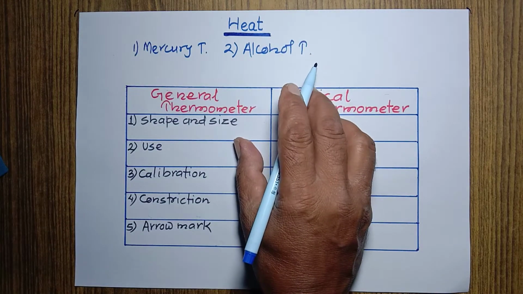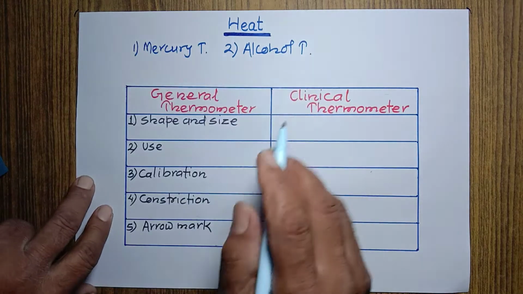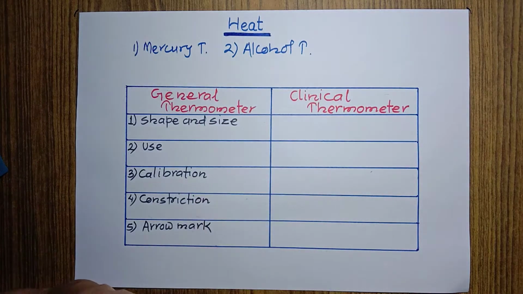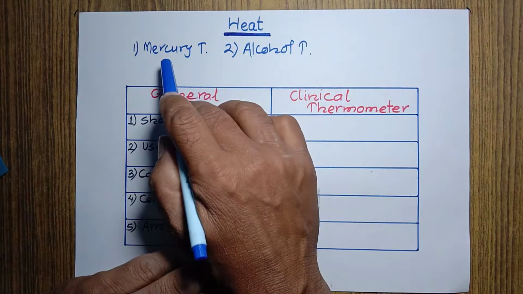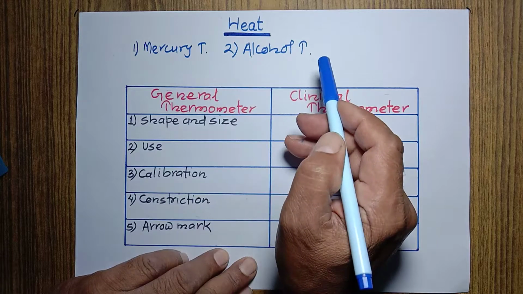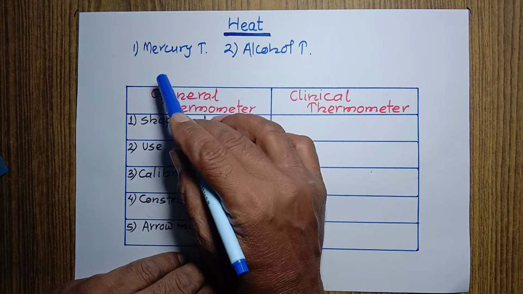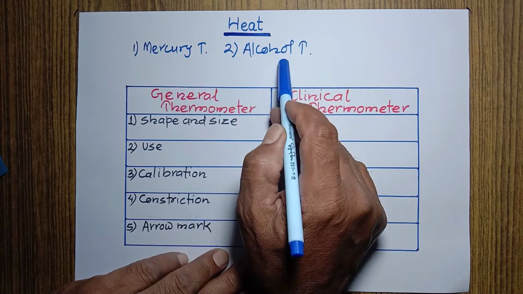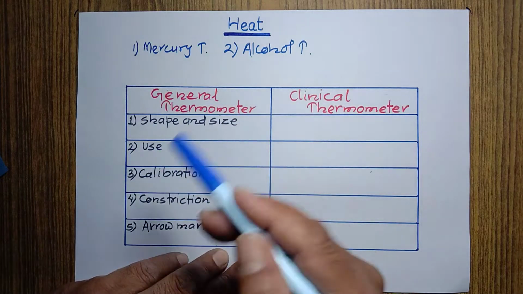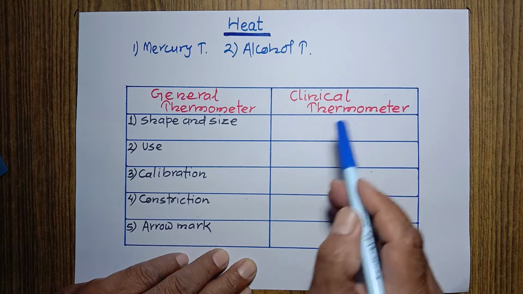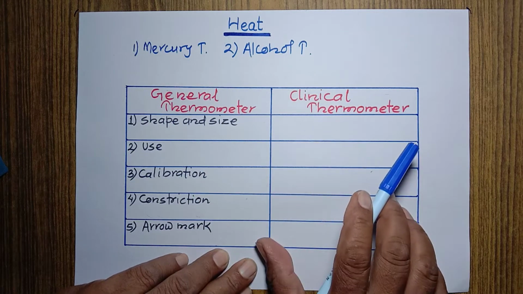This is also a kind of classification of thermometer. According to the thermometric substance, a thermometer can be classified into two types: mercury thermometer and alcohol thermometer. But according to the structure and use, it is classified into general thermometer and clinical thermometer.